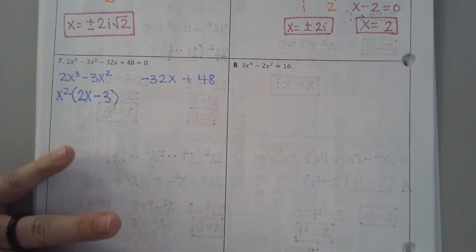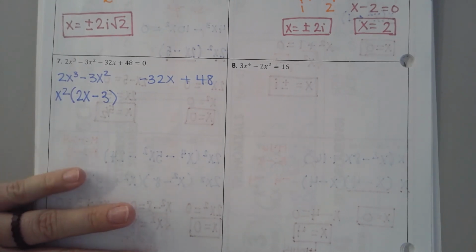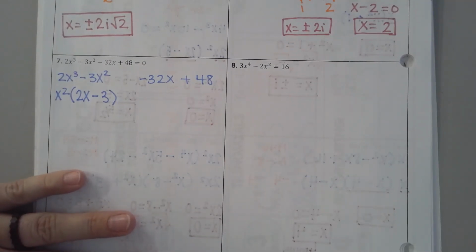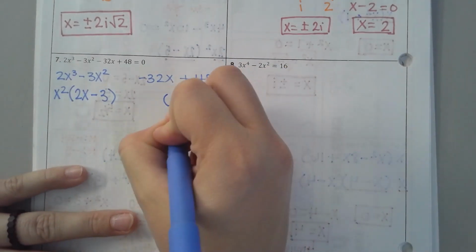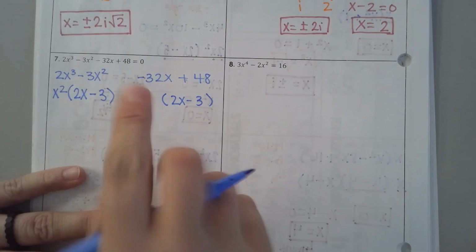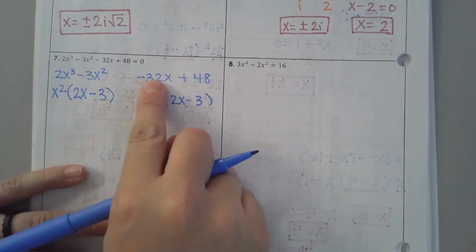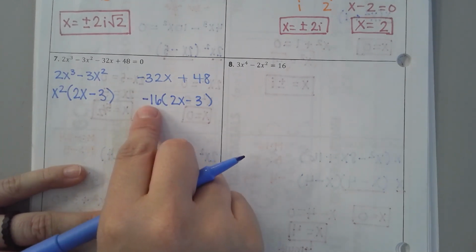What would be the GCF of the second group? Not 12, not 8, not 6. You know this needs to be 2x minus 3. So it's actually going to be -16. Since your first one is negative, your GCF needs to be negative.